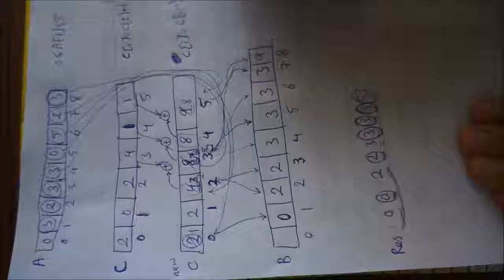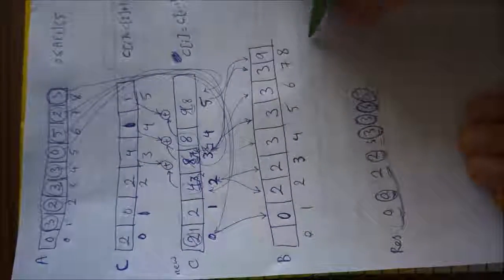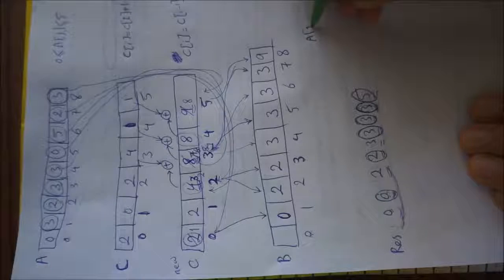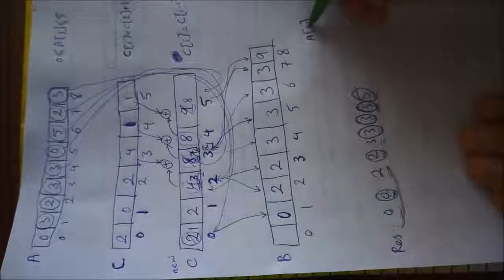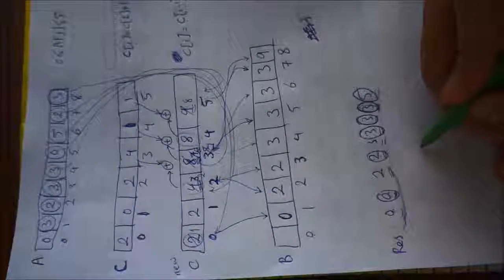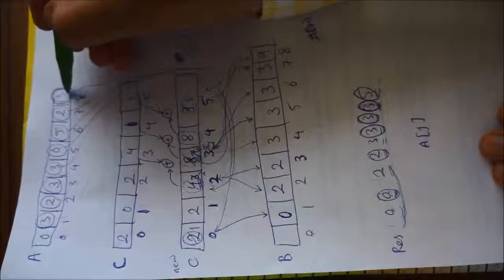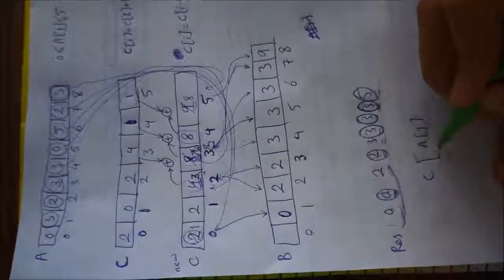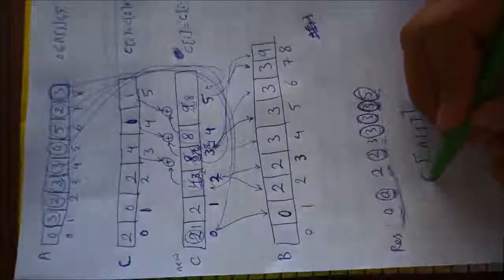So as you see, every time we take the Aij, or I can actually write it here, it's easier to see. We take Aij, which is the number itself, we assume that to be the index of C, right? And then we take that index, we take the number at that index.